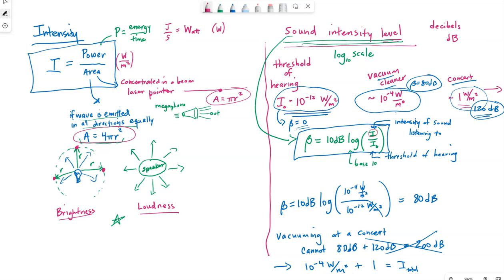So 1 plus 10 to the negative 4, divide that by the 10 to the negative 12, take log base 10 of it, multiply by 10, and this still gives us 120 decibels, which hopefully isn't terribly surprising.